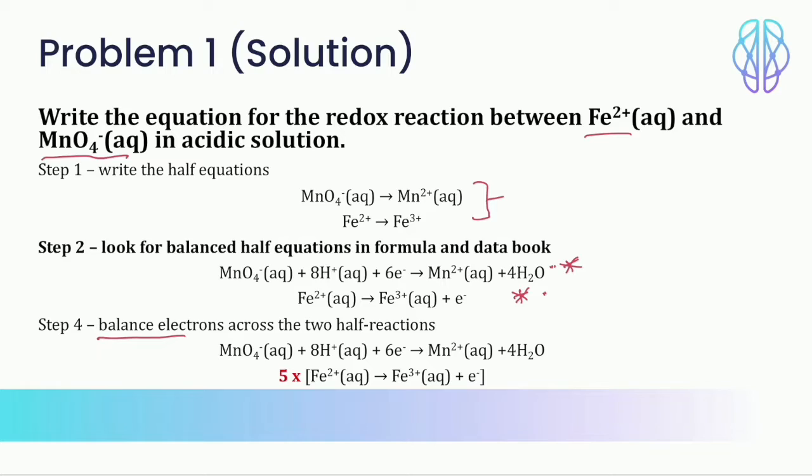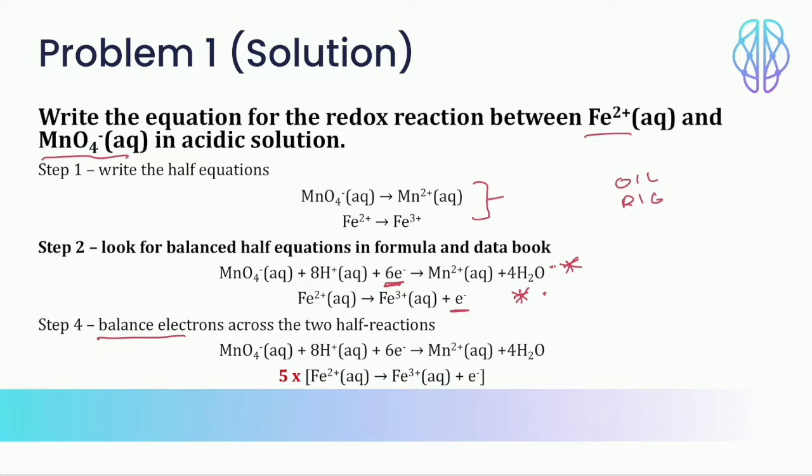So what we know in our MnO4 reaction, that is a reduction reaction. I'll write out OIL RIG. Reduction is gain. It's gaining an electron. We notice that we have 6 electrons in the reaction compared to our oxidization of iron, which has 1 electron, and it's on the right hand side in the products.